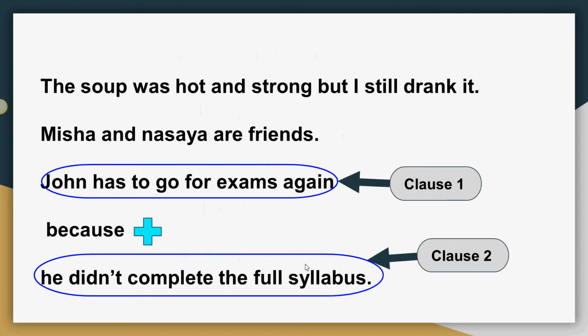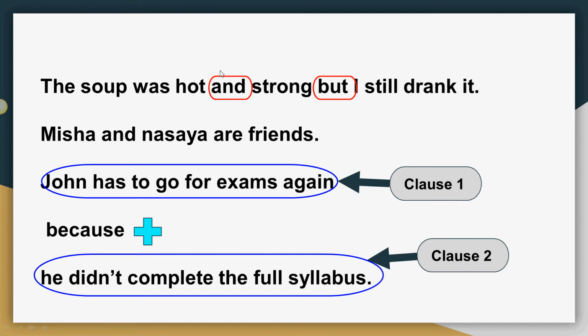Let us understand the concept of conjunctions with the help of example sentences. Go through the first example sentence. The soup was hot and strong, but I still drank it. So here you can see and, but are the two conjunction words which are joining maybe two different sentences, like the soup was hot and strong.